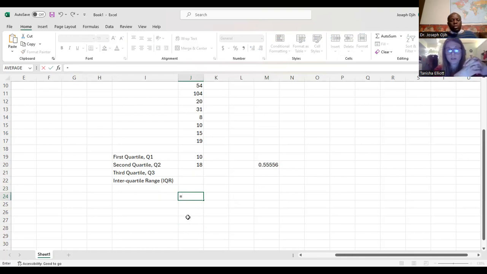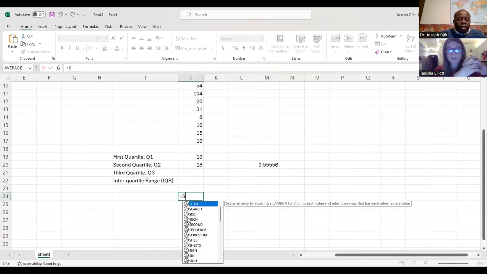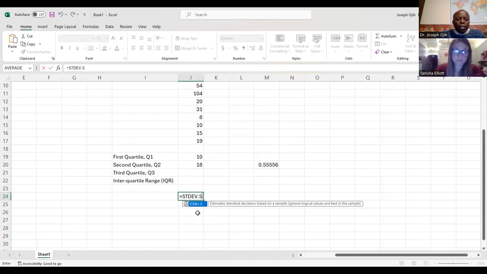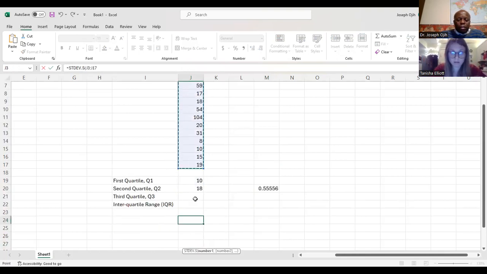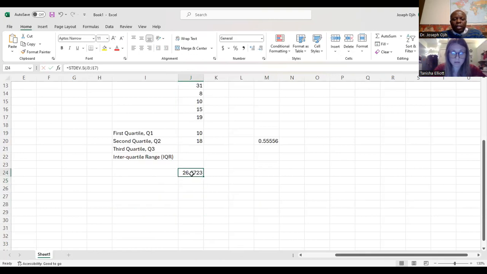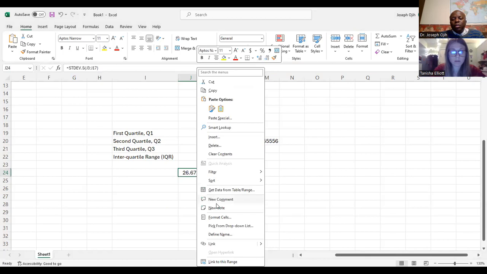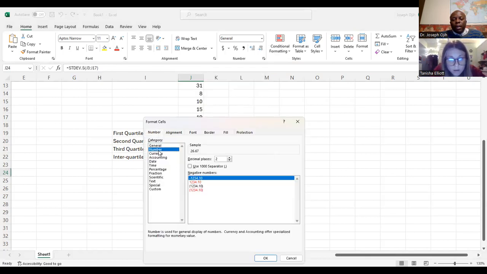The best way to answer that is to show you an example here. Let's say we're using STDEV.S, right? Double click. Then I highlight the numbers and press the enter key. Now, if I want to make it one decimal place, right click, choose Format Cells, Number.